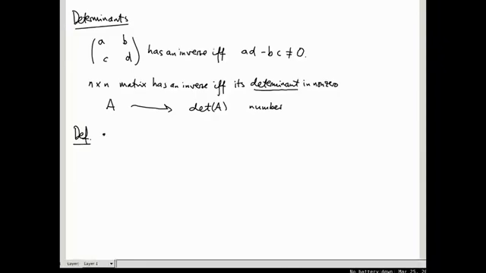So it's something you have to do to your matrix, right? So you pick an entry from each row, and you do it in such a way that no two of your choices are in the same column.